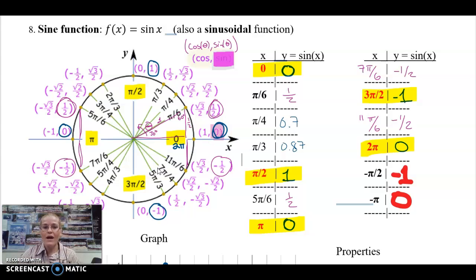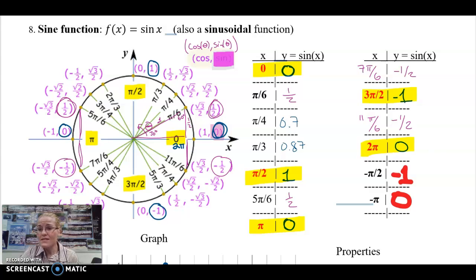All right. So I highly recommend, if it's been a really long time, make yourself some flashcards. At least you should have this first quadrant memorized. You should know sine of pi over 3 is root 3 over 2. You should know sine of pi over 4 is root 2 over 2. That's the easiest one, right? 45 degrees. Whether it's sine or cosine, it's root 2 over 2.